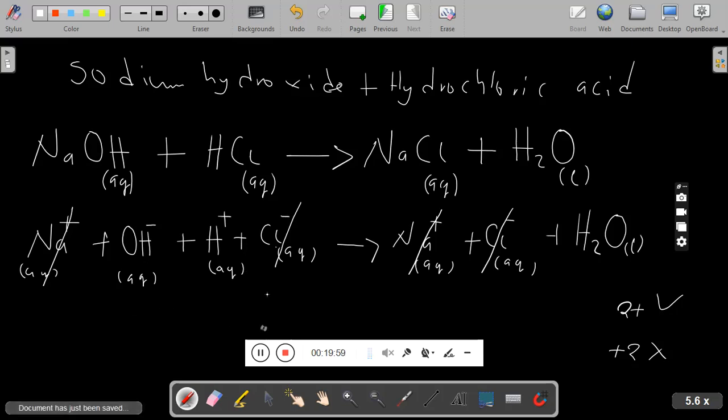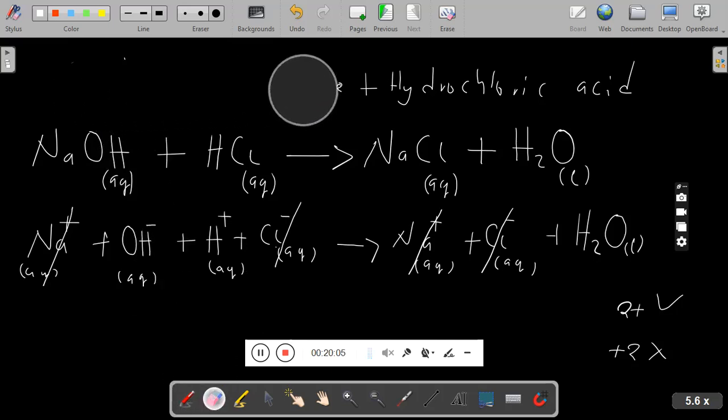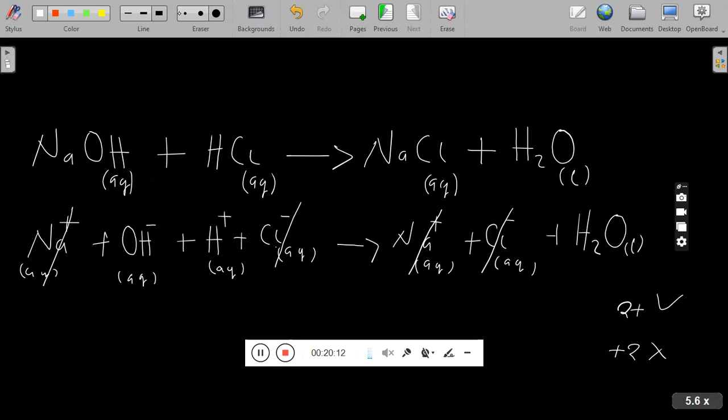So what we have remained with, let me create space on top so that we can show clearly, is the OH negative aqueous, and it is reacting with the H positive here.